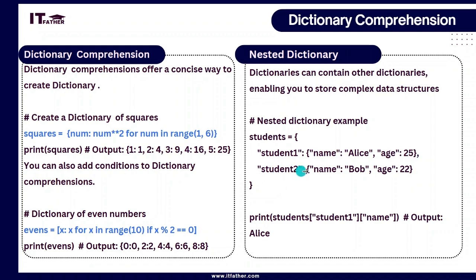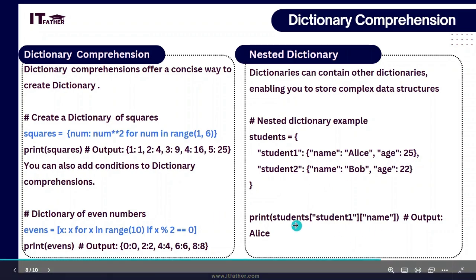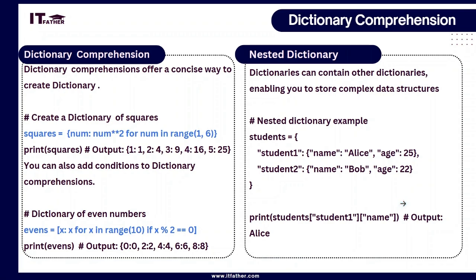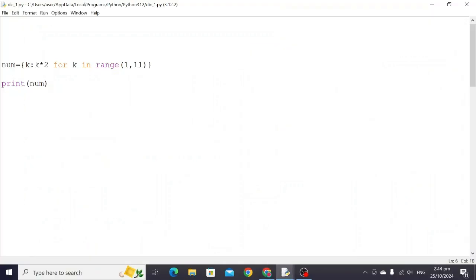Student 2 is going to be the key and the value of that key is going to be another dictionary, another list or another tuple. Okay, in this way if you want to display the output of student 2 or student 1, then just write down the student 1 as a key and that second key name is the second key, means nested key. Okay, so let us do this example also.